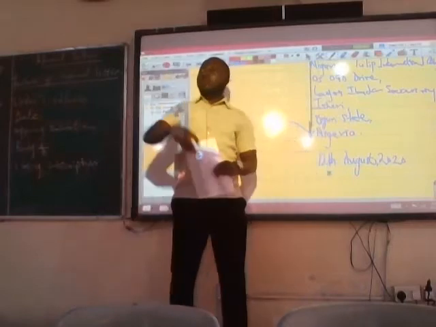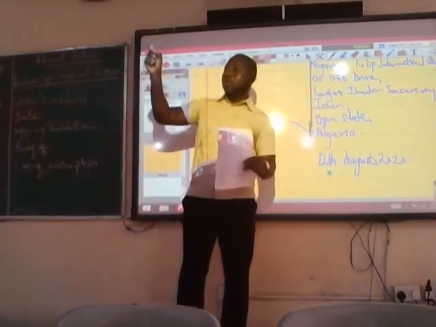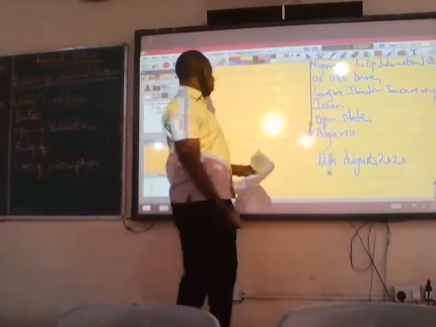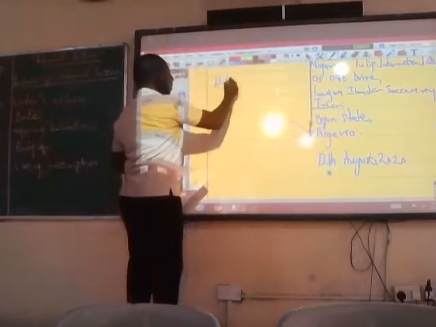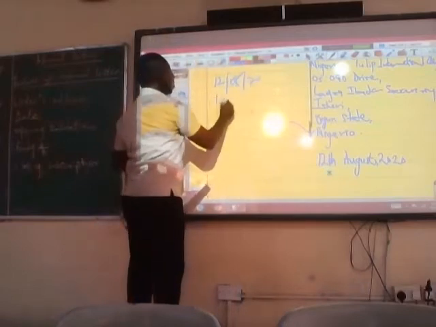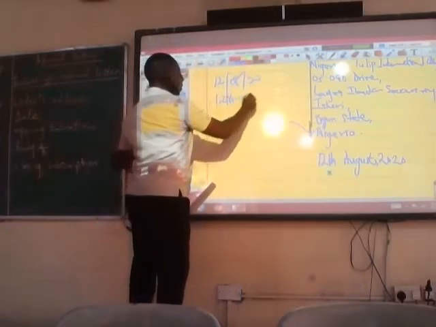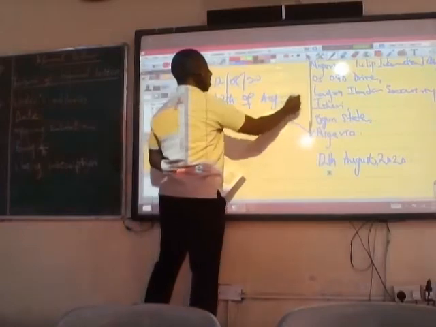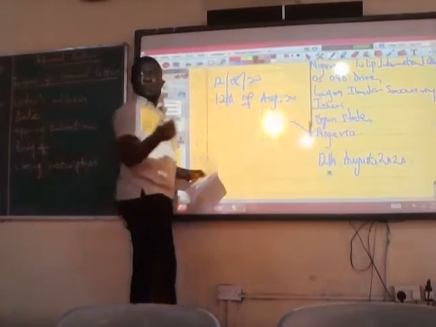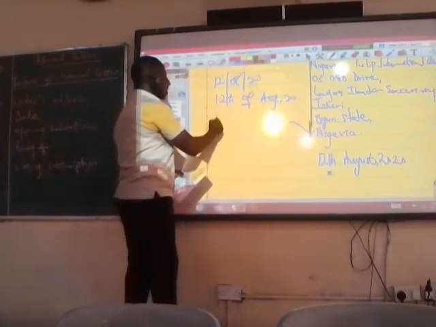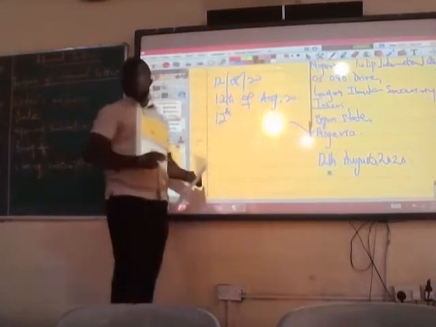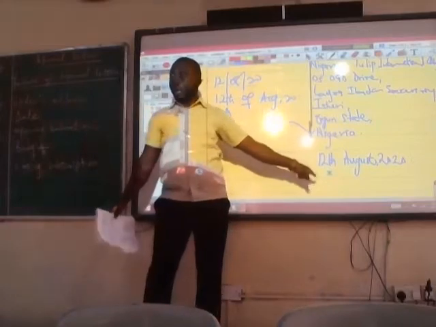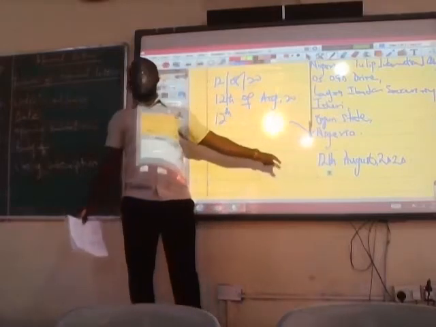Now, it is not 12/08/20, like some of us want to have it, or 12th of August 20. What form do you normally use? Maybe 12 raised to power th. No, this is the standard of writing our date. So please take note of this.